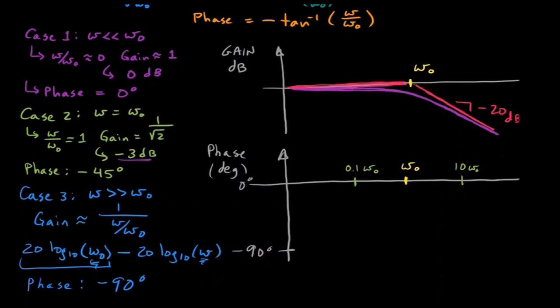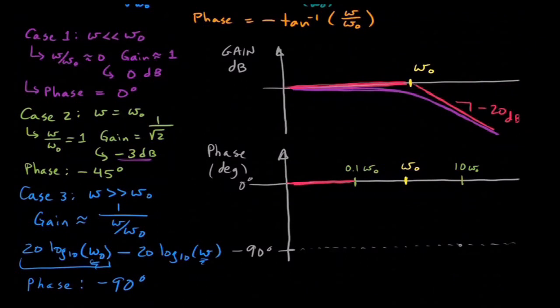And we're going to have 3 straight lines. I'll go ahead and draw a dotted line here to help me at negative 90. And then I'm going to pick my color here for my straight line approximation. So I'm going to be at 0 degrees until I get to 0.1 omega naught.